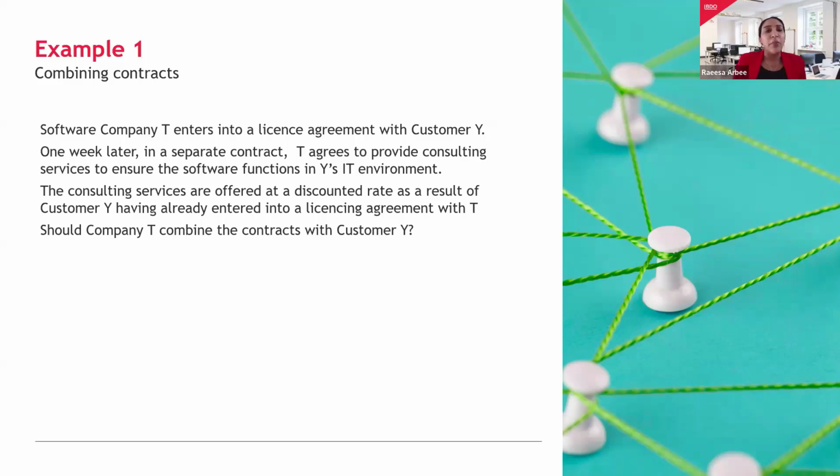What is the impact of combining contracts? The consideration under both contracts would be combined and allocated to the performance obligations identified, considering both contracts as a single unit of account. This could change the amount and timing of revenue recognition compared to if the contracts were accounted for separately.